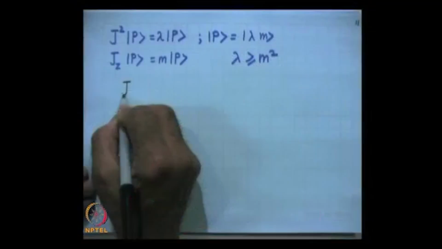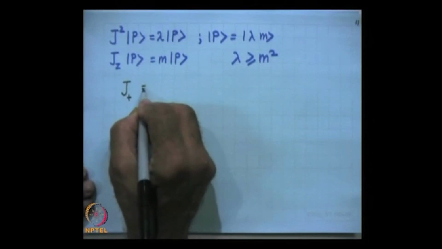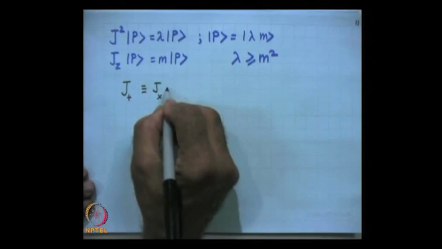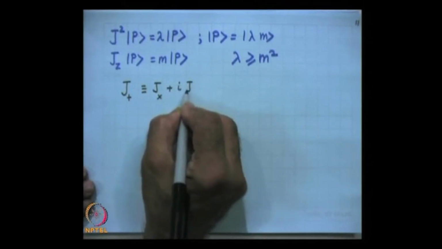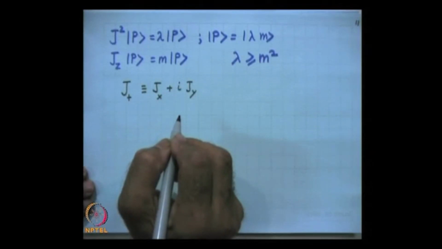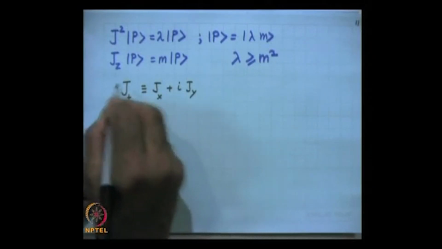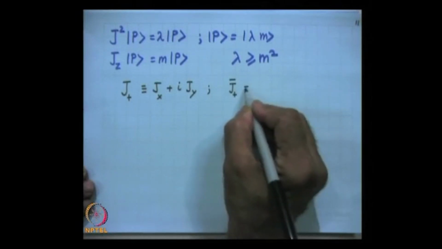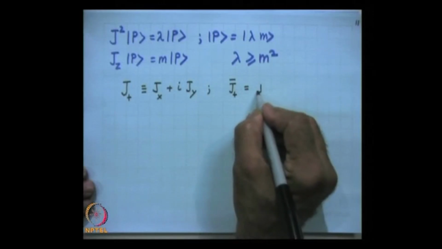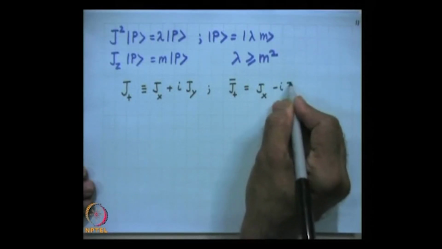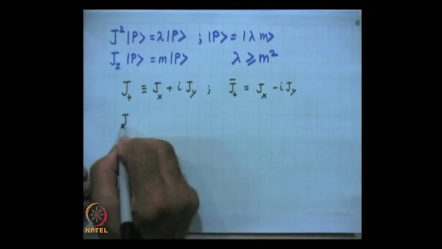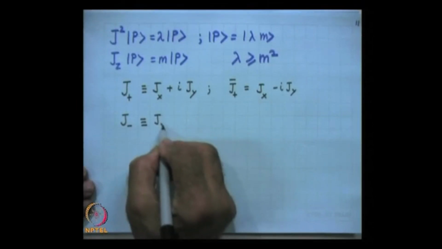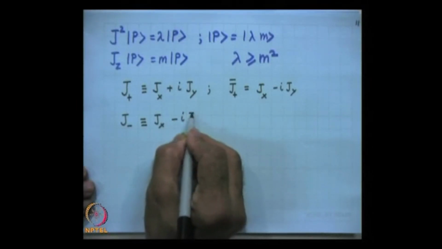The operator j plus is defined to be equal to jx plus i jy, and the adjoint of this is jx bar, which is jx minus i jy. So, we define another operator j minus, which is the adjoint of this operator, which is jx minus i jy.